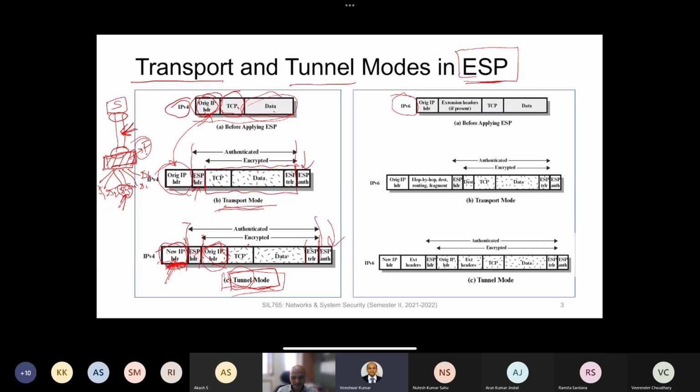So remember that in this layered architecture, you could think of it that one sender is talking to a receiver, but you can also think of it as one layer of the sender talking to the corresponding layer of the receiver. So the application layer of the sender is talking to the application layer of the receiver. In this case, the IP layer of the sender is talking to the IP layer of the receiver.